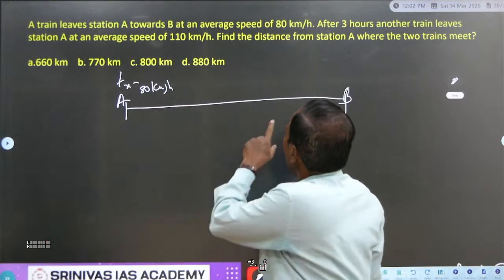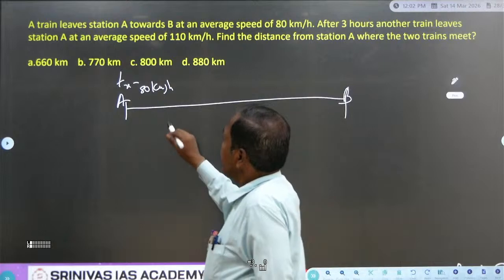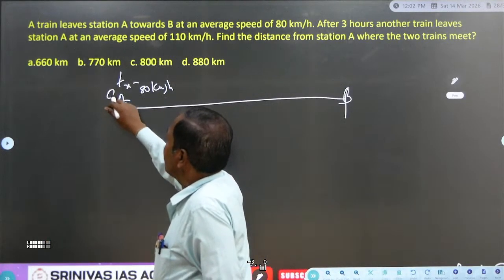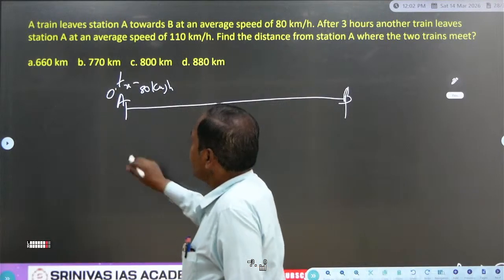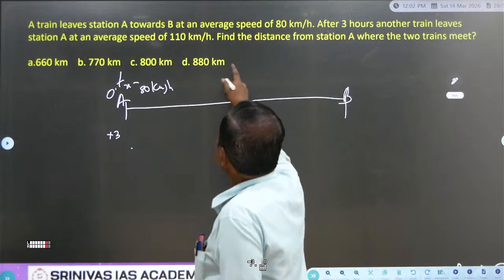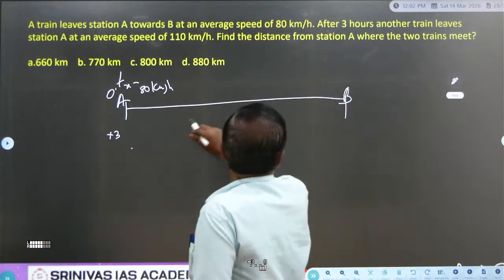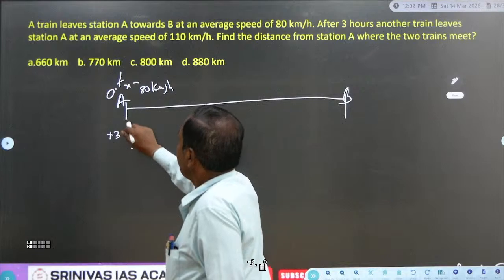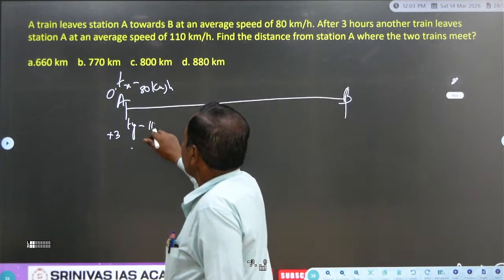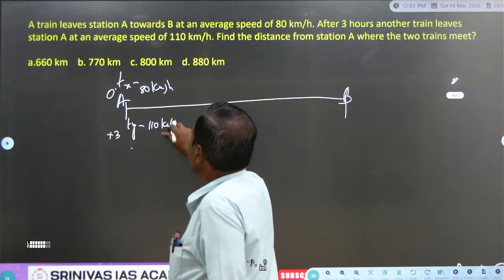After 3 hours, and what is the time? We do not know. Let us say this is 0 hour. After 3 hours, another train leaves at, let us consider, 110 kilometers per hour.